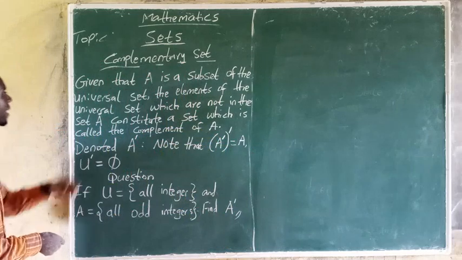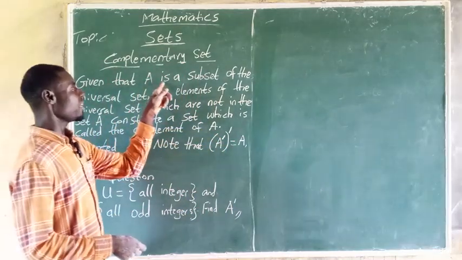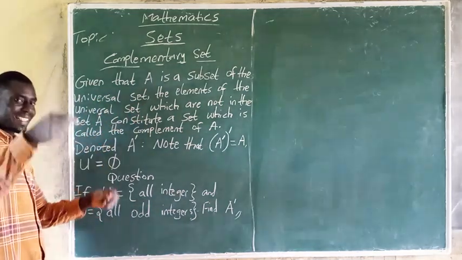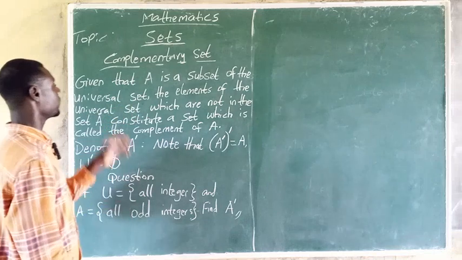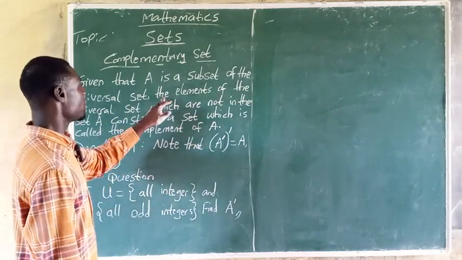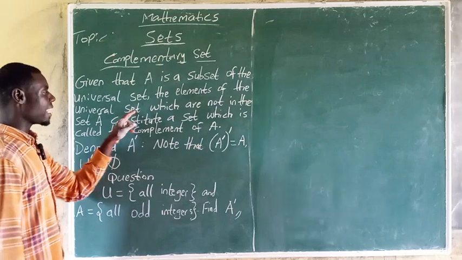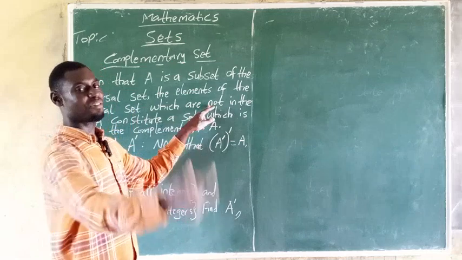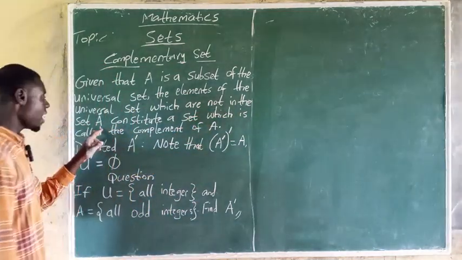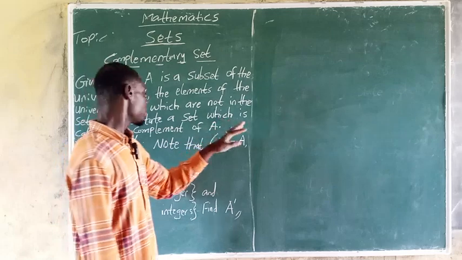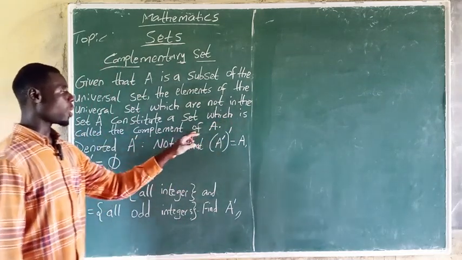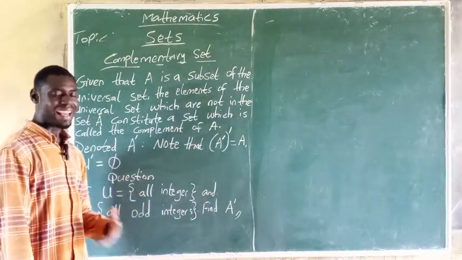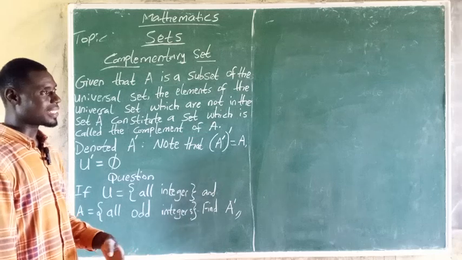So now let's begin. Given that A is a subset of the universal set, that means A is inside the boundary of the universal set. The elements of the universal set which cannot be found in the set A constitute a set which is called the complement of A. So anytime you hear the complement of A, it is the elements that are not found in that set.